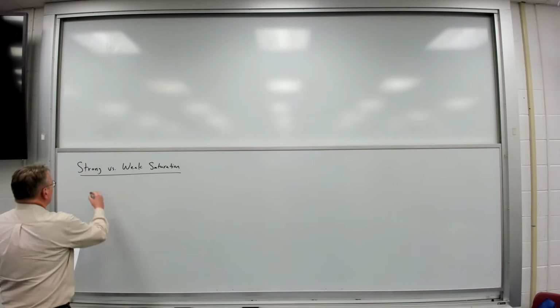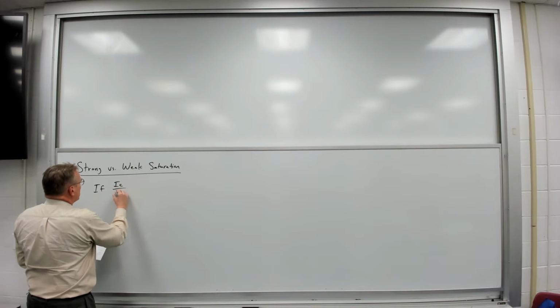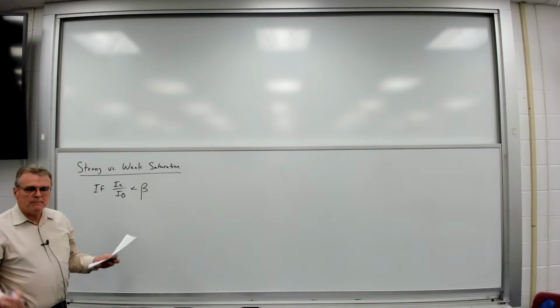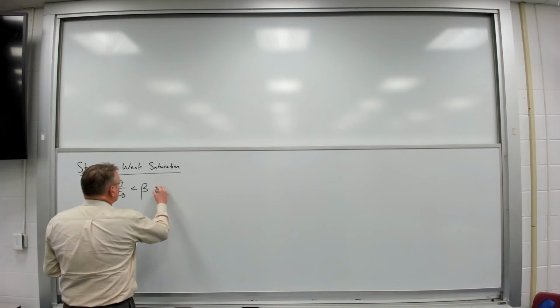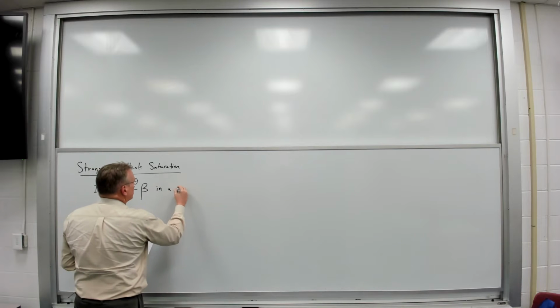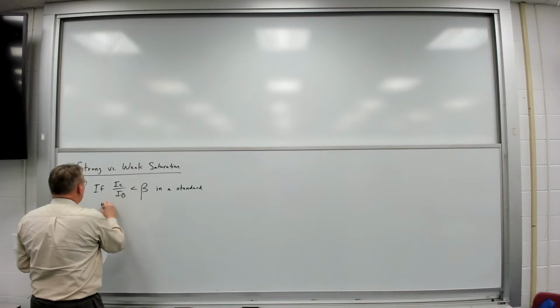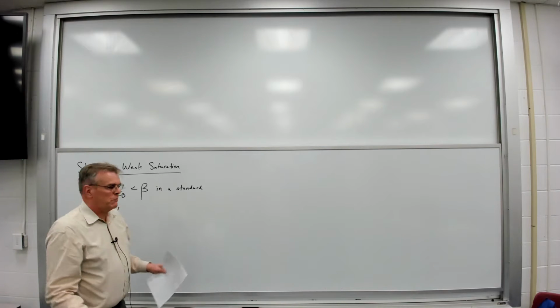So if a BJT has a situation where IC over IB is less than beta, as we mentioned last time, looking at our examples, then if this is true in a standard BJT, we say that BJT is in strong saturation.